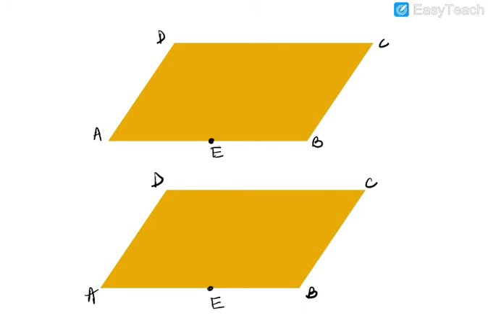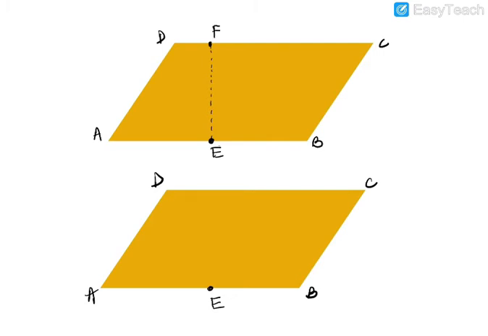The next step is to fold this parallelogram along AB. So start folding at point E and see that EB and EA coincide with each other. On folding, you will get a fold or a crease that will cut DC at a point.